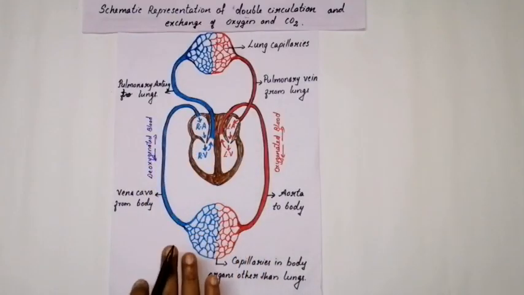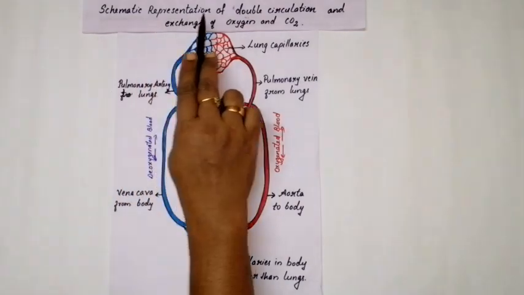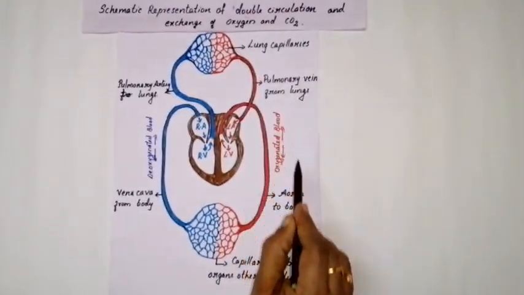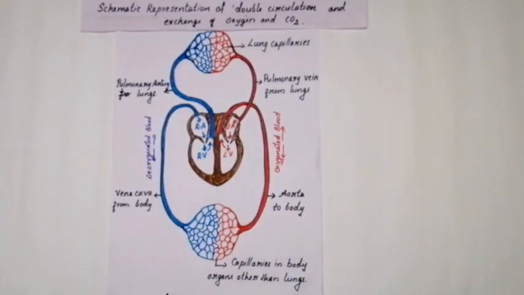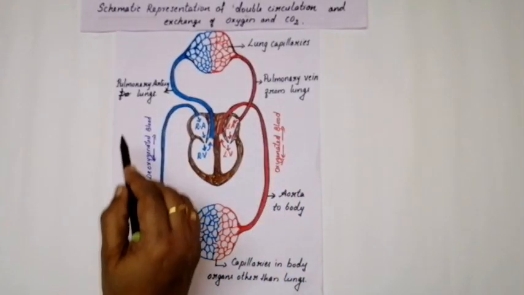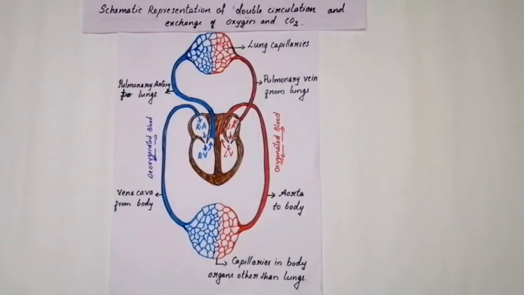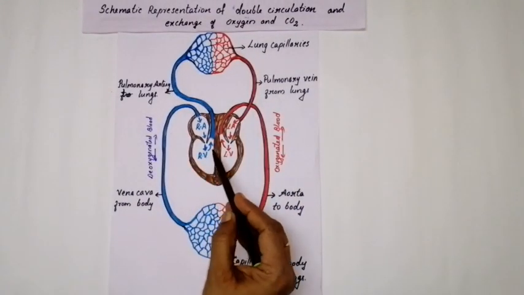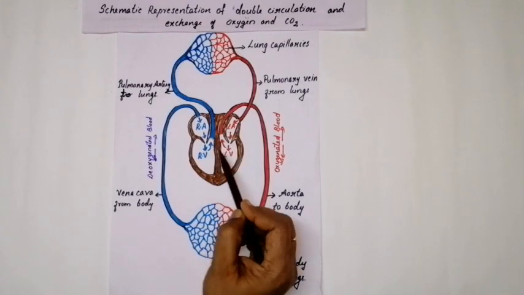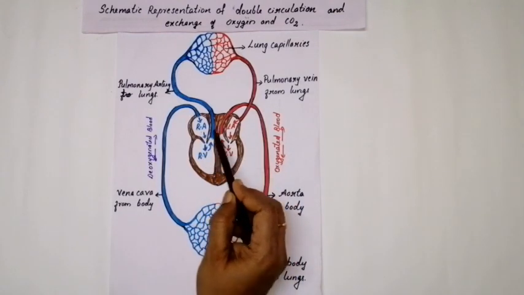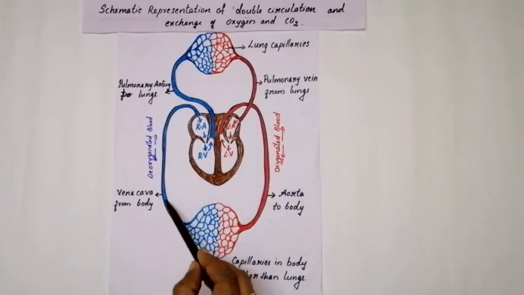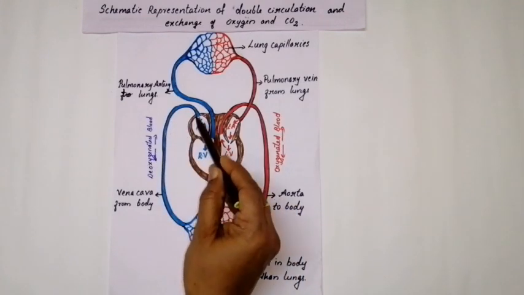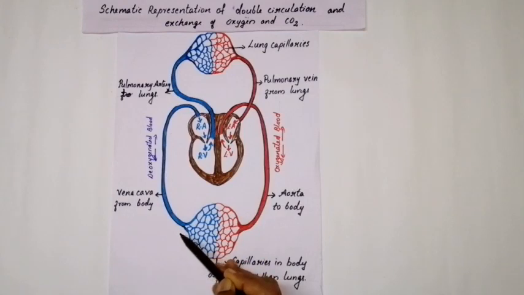So here you can see the diagrammatic representation, or the schematic representation, of the circulation of blood in our body. Okay, and this is how the blood circulates in our body. You can see the heart. The 4 chambers are drawn here: right auricle, left auricle, right ventricle and left ventricle. Now you can see the blue color, that represents the deoxygenated blood.